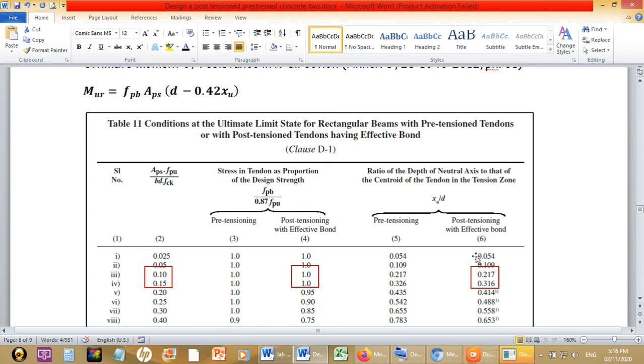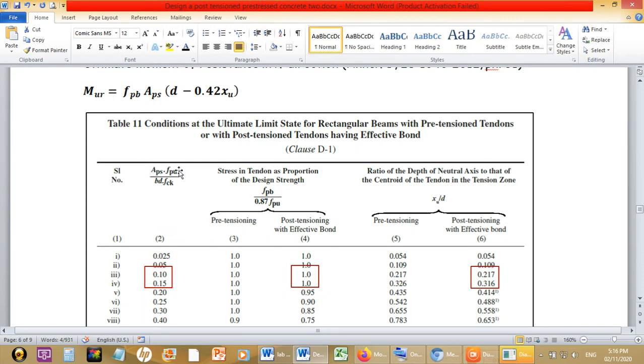XU by D value is there, so we can calculate the value of D, so we get the value of XU.